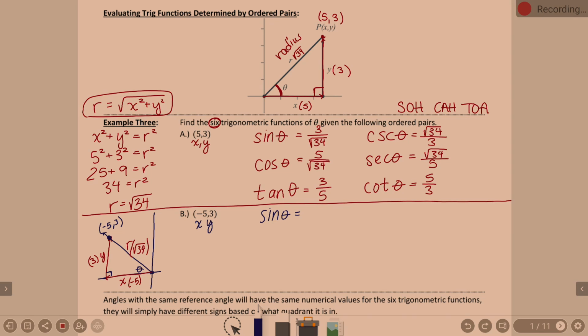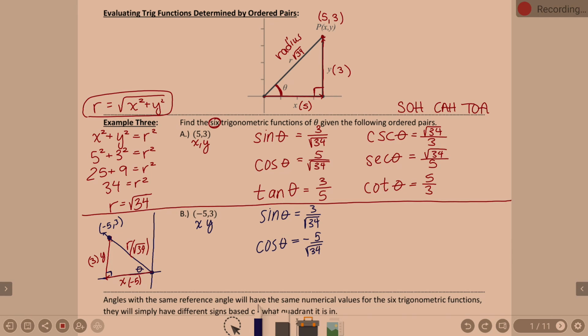Okay, so what's sine? Same thing as it was earlier? Still 3 over square root of 34. Okay. What's cosine of theta? Almost the same as earlier, except that it's -5 over the square root of 34.